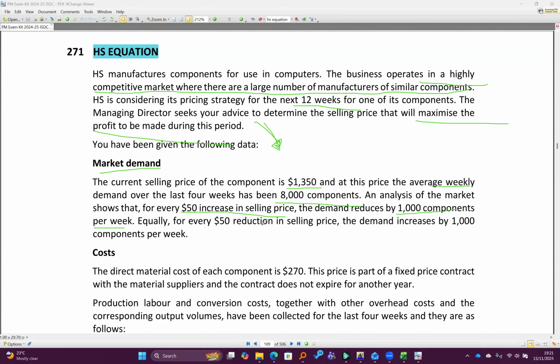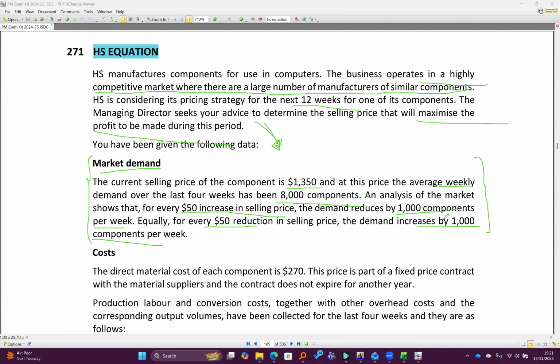Then if we decrease the price by 50, demand increases by 1,000 components per week. Now, this is going to help you determine the price-demand relationship.